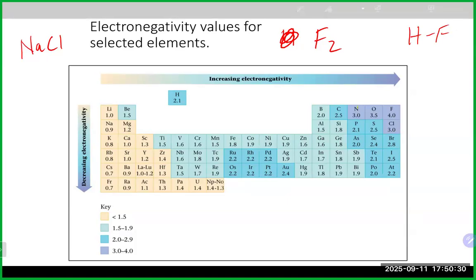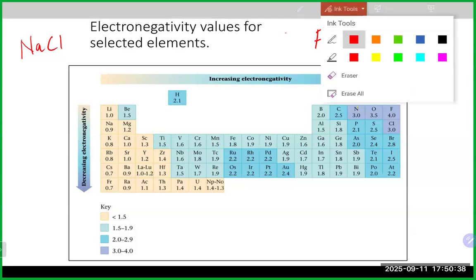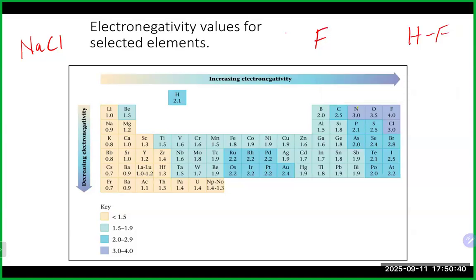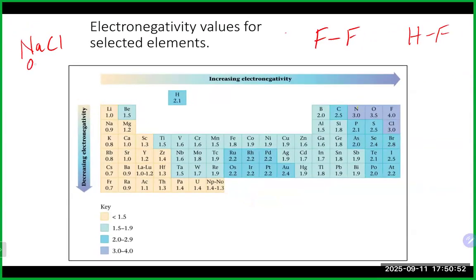So again, if we wanted to use these values to help us determine whether it is a polar bond, nonpolar bond, or ionic bond, we could do that. If we go to sodium, we can look on the table there. Sodium is 0.9, so we got 0.9 for sodium.